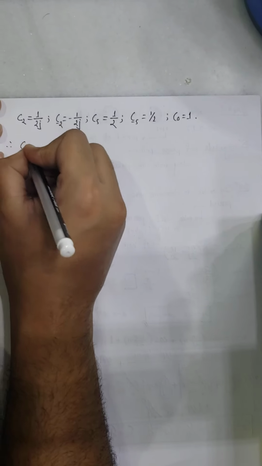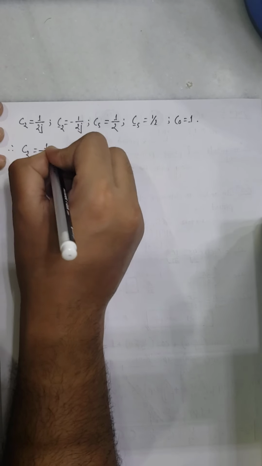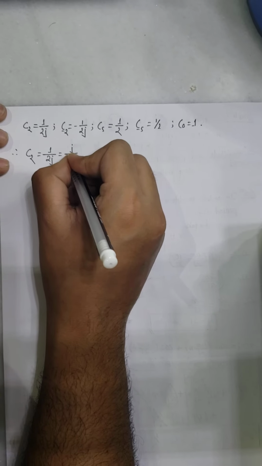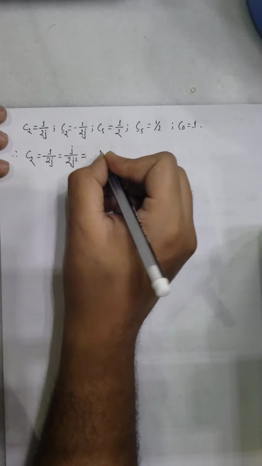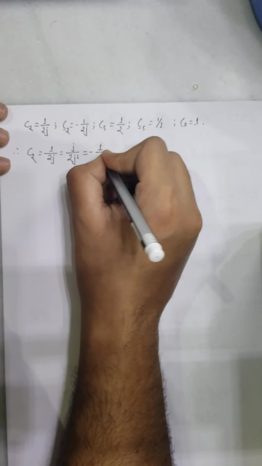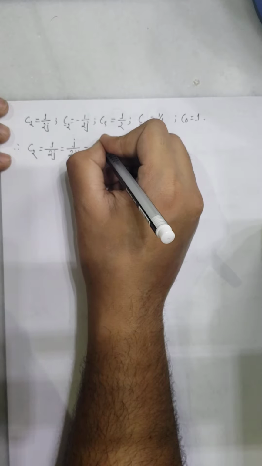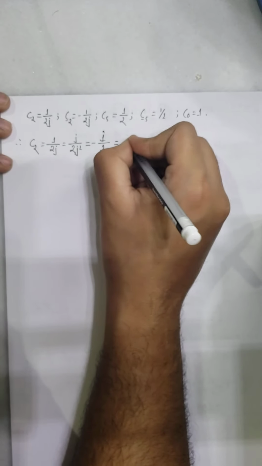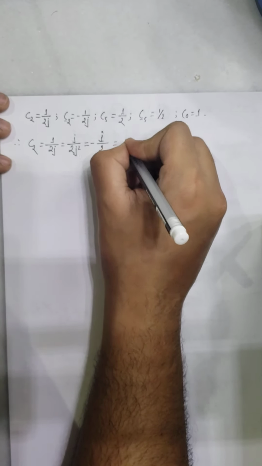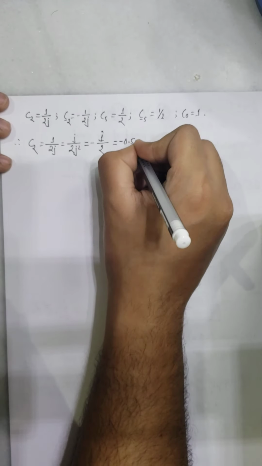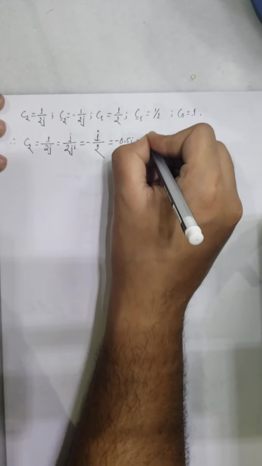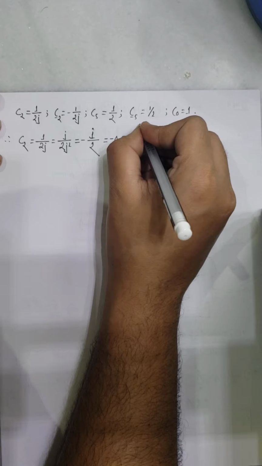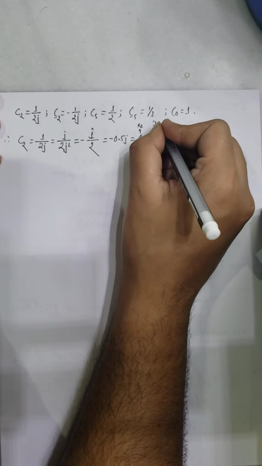So c of 2, 1 over twice j, multiplying the numerator and denominator with j, the denominator becomes j squared, and consequently it becomes minus j over 2, which can be written as 0 minus 0.5j. So this is the real part and this is the imaginary part.